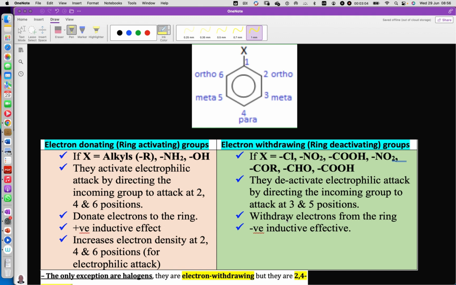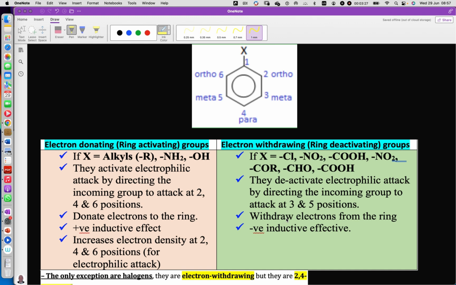Here we have the different substituent groups. Some substituent groups are electron donating, that is, they are ring activating groups, and some other groups are electron withdrawing, that is, ring deactivating groups.